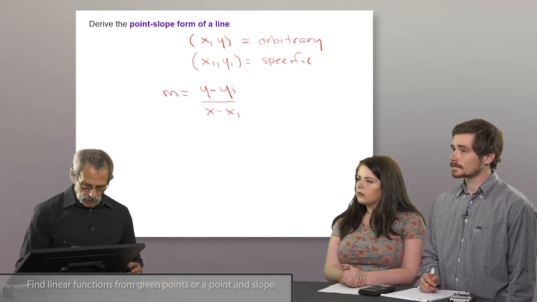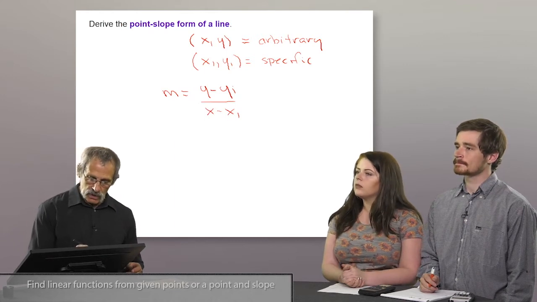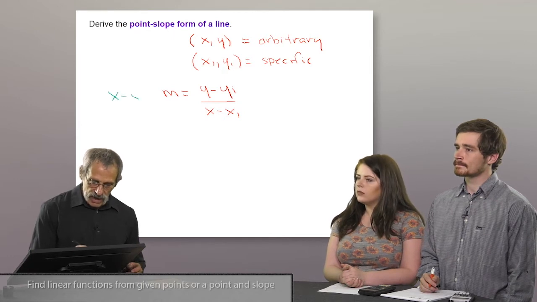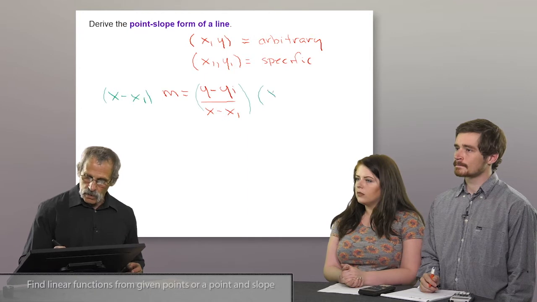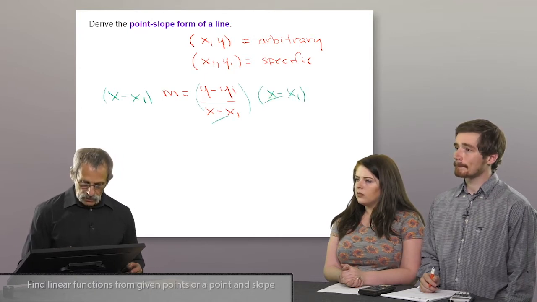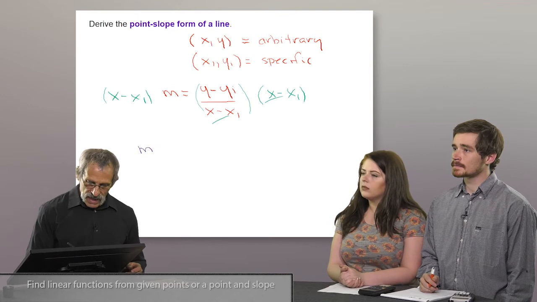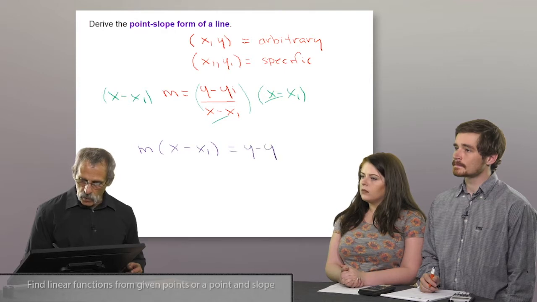If I multiply both sides of the equation by what I see in the denominator, x minus x1, notice that on the right side the x minus x1's cancel, and what I'm left with is a pretty big deal: m times x minus x1 is equal to y minus y1.